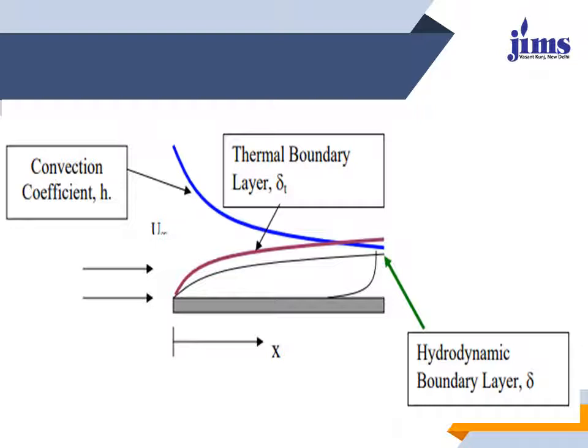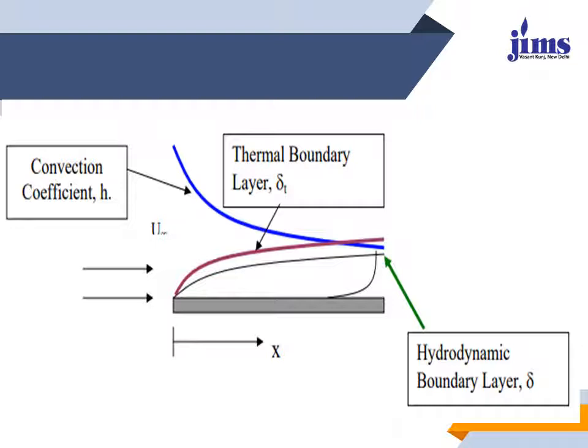In this figure, this is a flat plate which is maintained at a temperature, and over it fluid is flowing with a velocity of u infinity. There are four profiles generated. This profile is the thermal boundary layer, denoted by delta T. This profile is the hydrodynamic boundary layer, denoted by delta. This profile is the velocity distribution over a flat plate, and this profile is the convective coefficient h.